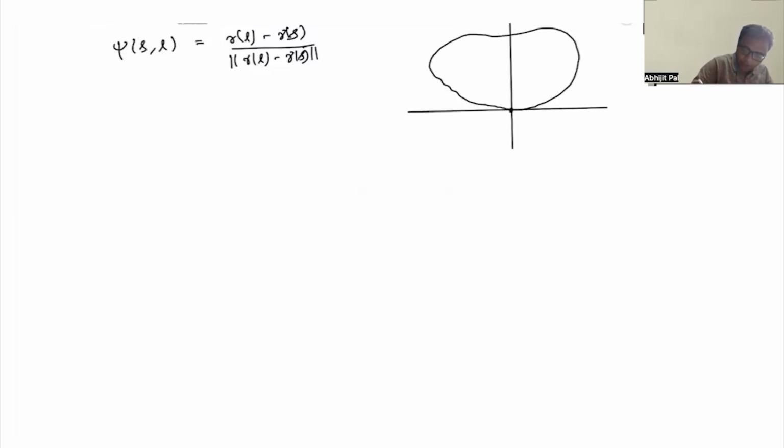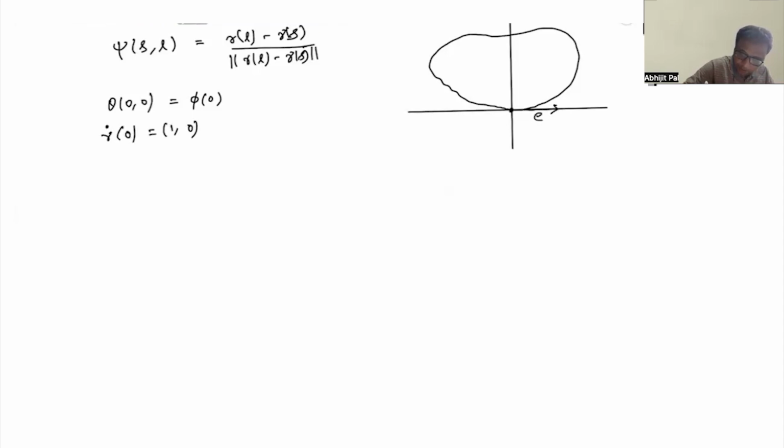At this point, theta 0 0 is equal to phi 0, where we have taken gamma dot 0 to be equal to (1, 0).